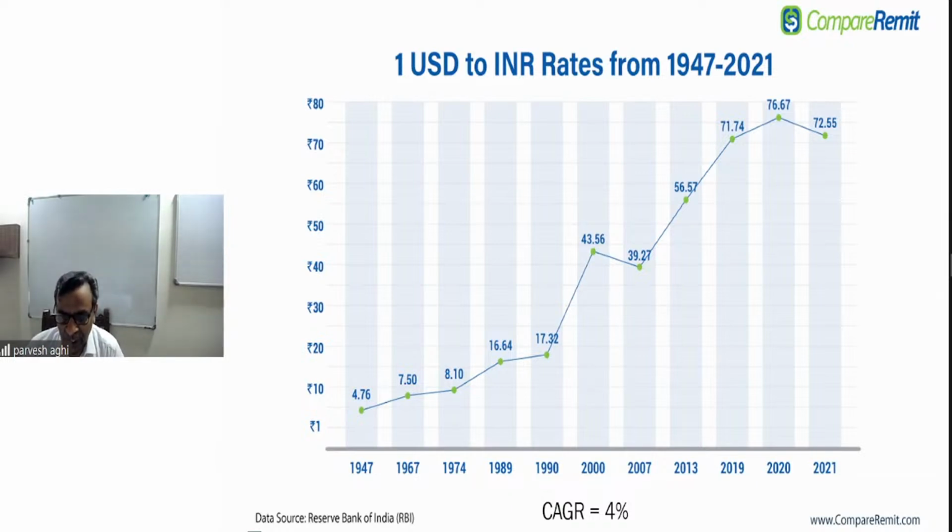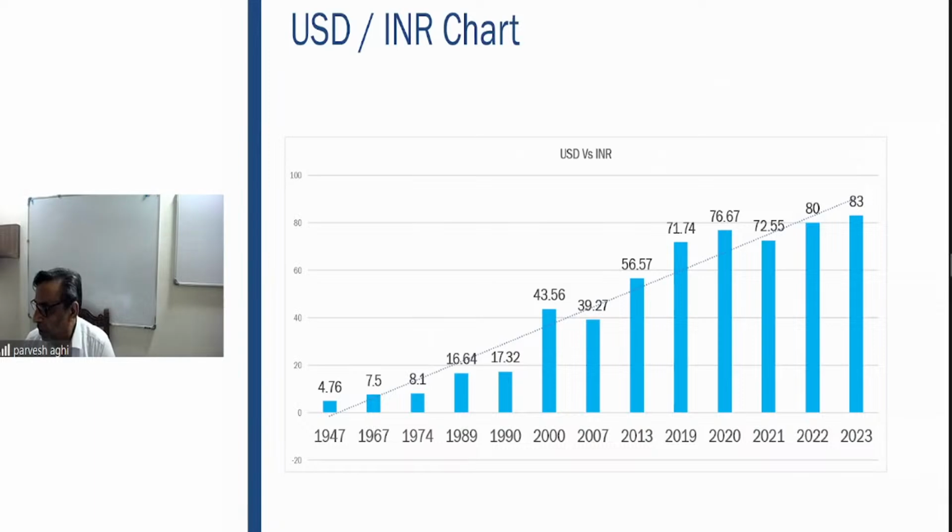There were, of course, a few times, like in 2007, when the dollar depreciated from 43 to 39. But barring these times, on a yearly basis, the dollar has always been appreciating, just because the inflation rate differential is too high between India and America.